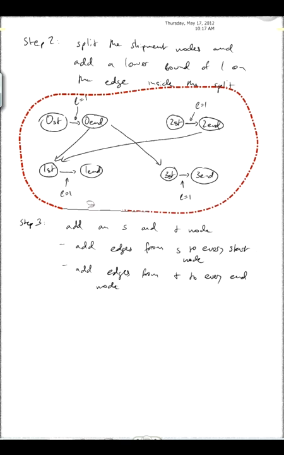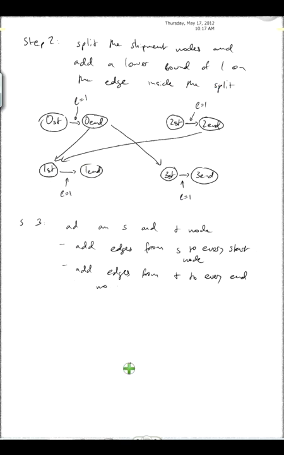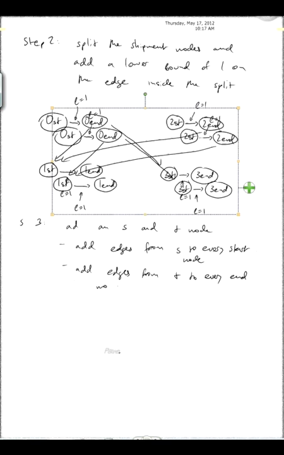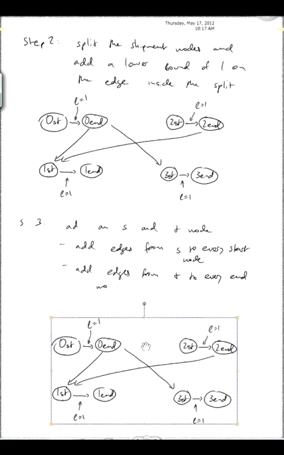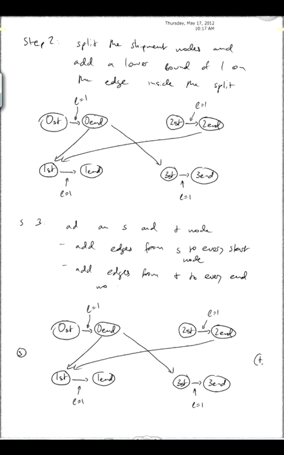So we have our graph thus far. And we're going to add to that an S and a T node. And we're going to add these edges from S to the start of every shipment.